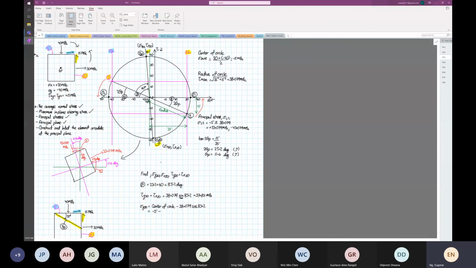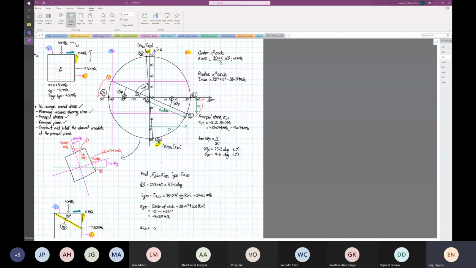So this is equal to minus 4.509, so this will be equal to minus 9.509 megapascal. So that is your normal stress Y30.